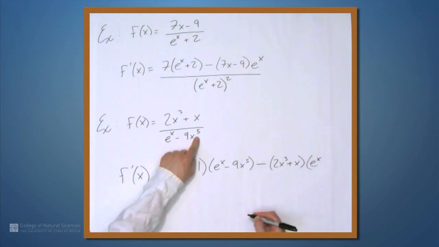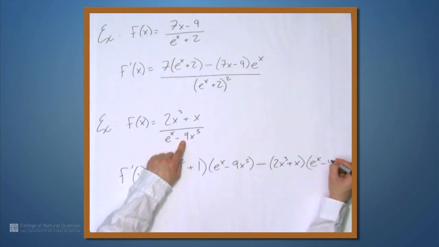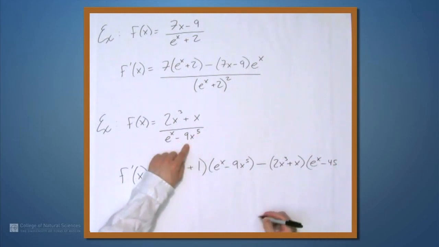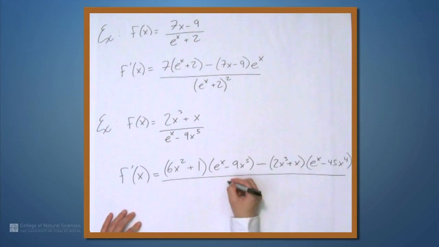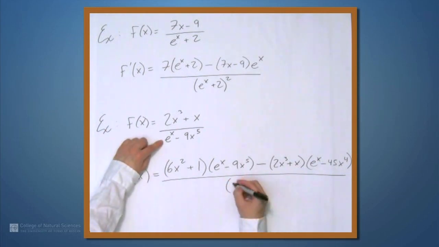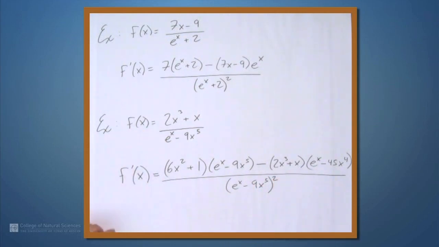And the derivative of 9x to the 5th, the 5 comes down and we get minus 45, right, 9 times 5, times x to the 4th. And it's this whole thing all over the denominator squared. So all over e to the x minus 9x to the 5th quantity squared. And those are some quotient rule examples.